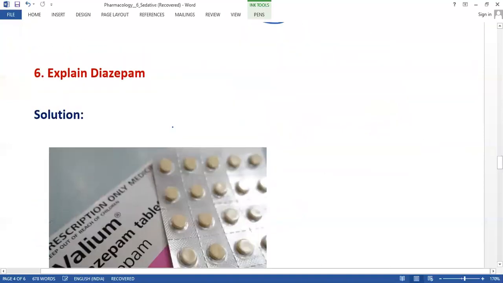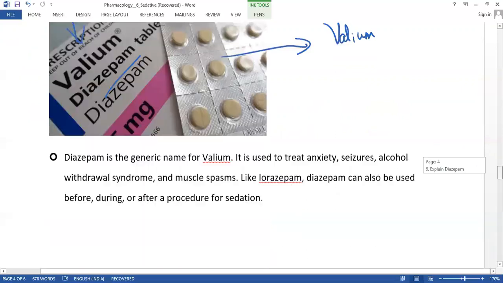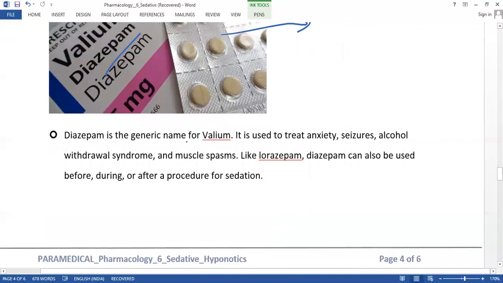Next is the drug diazepam. For lorazepam, the brand name was Ativan, you remember, right? But here for diazepam, the brand name is Valium. The same way, this is also used to treat anxiety, seizures, alcohol withdrawal syndrome and muscle spasm.